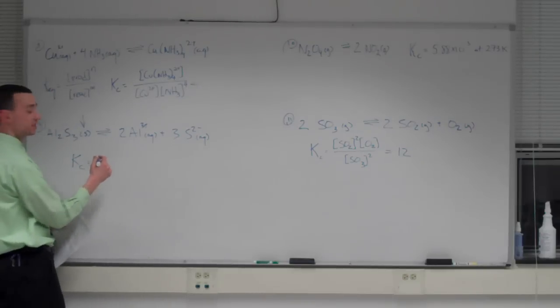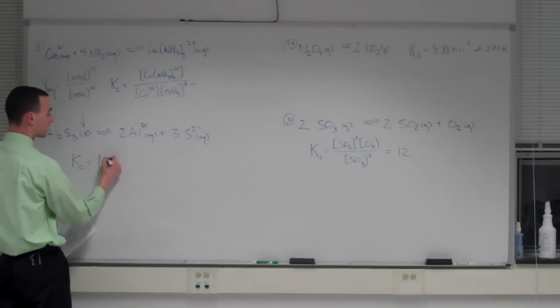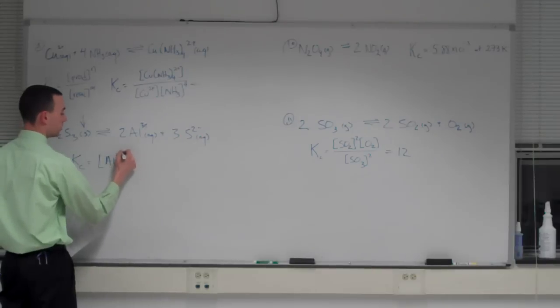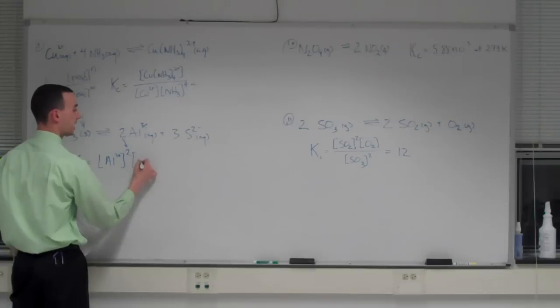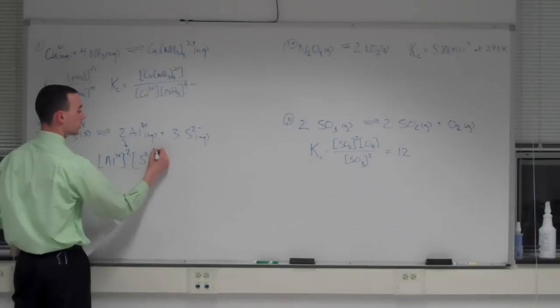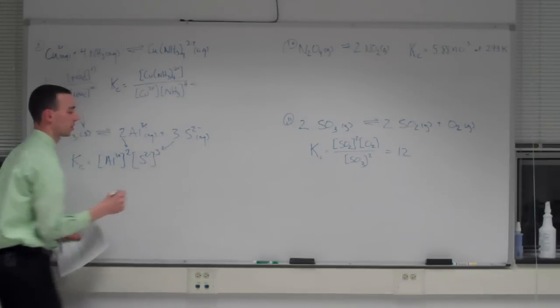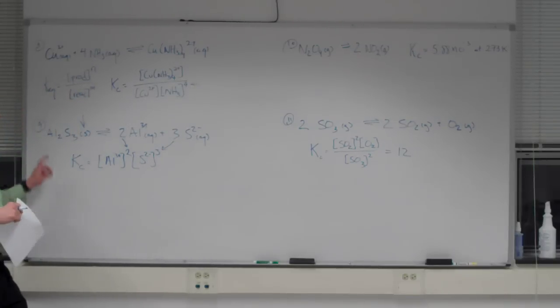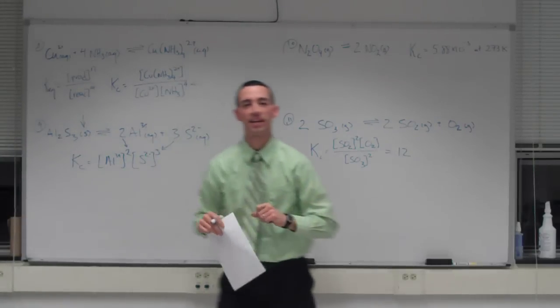So all we have for this reaction then are the products. Aluminum, which would need to be squared because its coefficient is 2, and sulfide ion, which would need to be cubed because its coefficient is 3. This is an interesting one. We'll see more of this type of reaction in chapter 16 after we have our next exam.